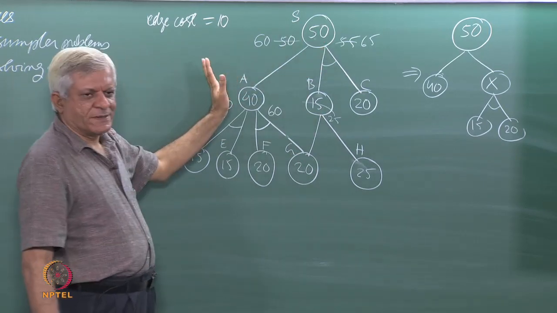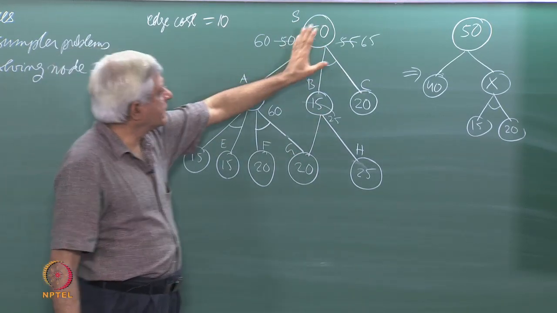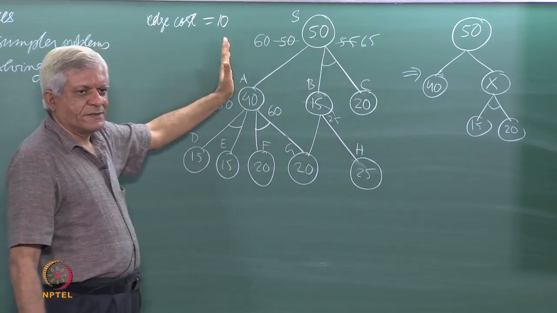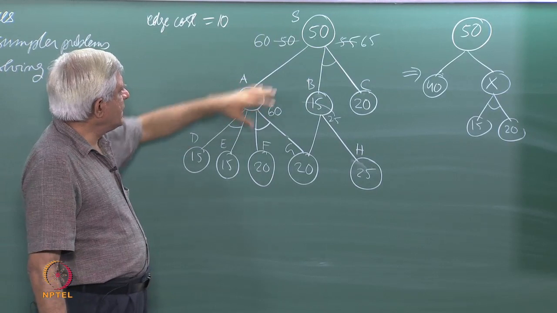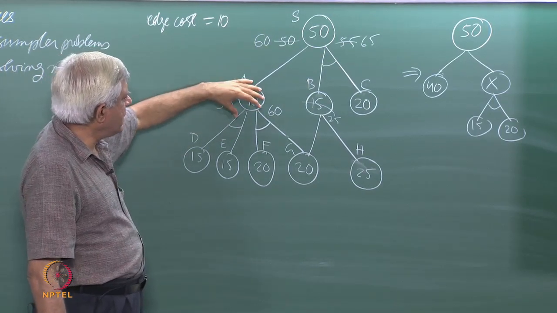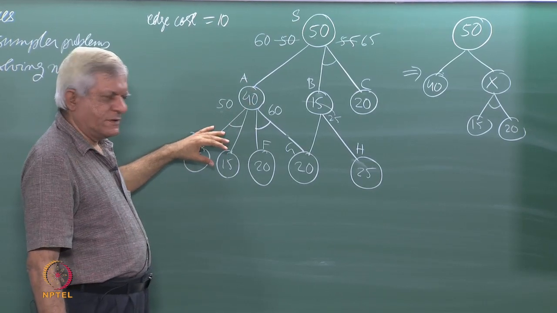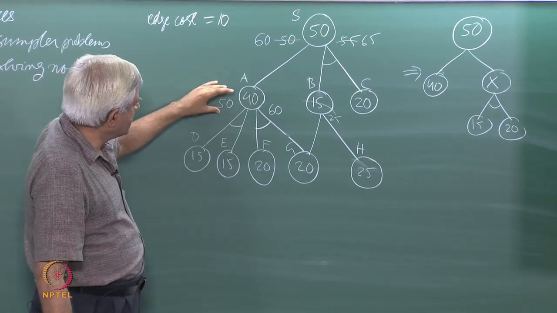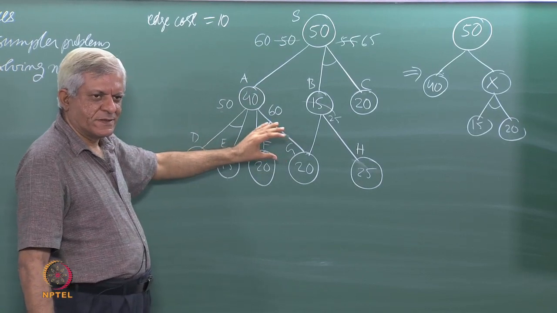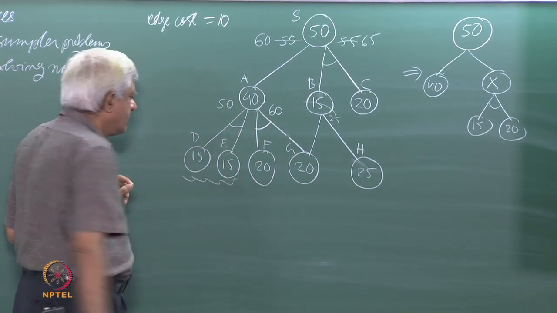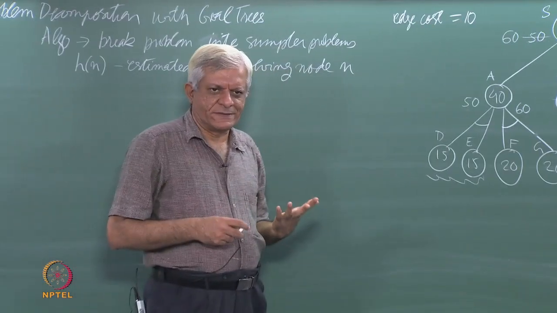So, I have to now shift my attention to this one again, because going down that path is estimated to cost 65, along this direction it costs 60. So, I must come down here. At this point I must choose this option because this estimated cost is 50 and here the estimated cost is 60. So, I must choose one of these 2 nodes for expansion next essentially.